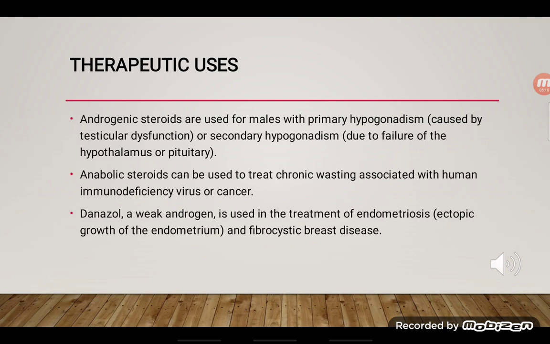Sometimes some of the preparations, for example danazol, can be used in the treatment of endometriosis, which is ectopic growth of the endometrium, and also for fibrocystic breast disease. It's a weak, synthetic androgen, and can be used in these cases to suppress the estrogen production, as these diseases are hormone dependent, and suppress the signs and symptoms they cause.